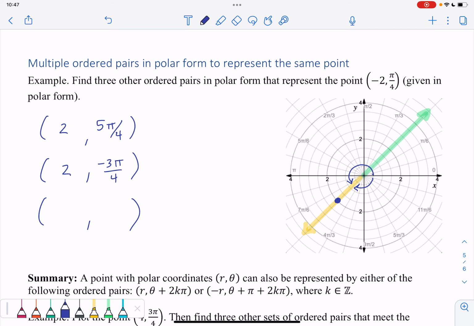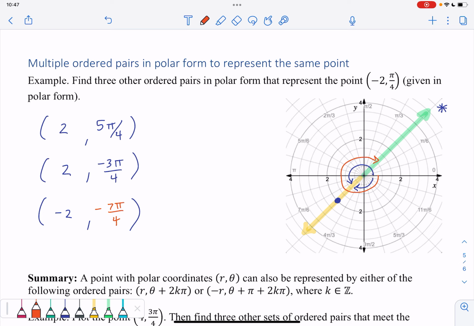Okay? Well, what if I wanted to use that -2 still? Well, -2 says, hey, I got to kind of trap people and send them over here in quadrant 1 first, even though I know I'm going to kind of shoot them backwards into quadrant 3. So if I'm trying to get them to go to pi over 4, one way I could do that would be to call that -7 pi over 4.